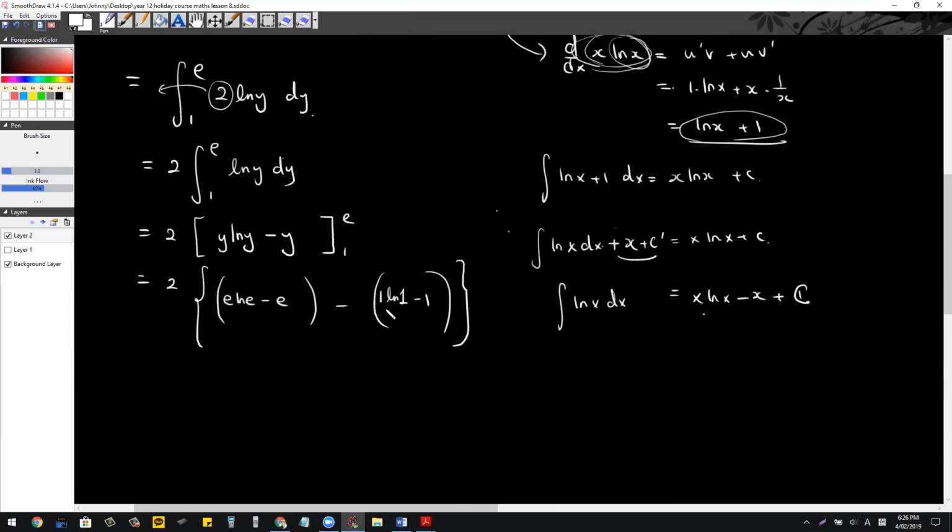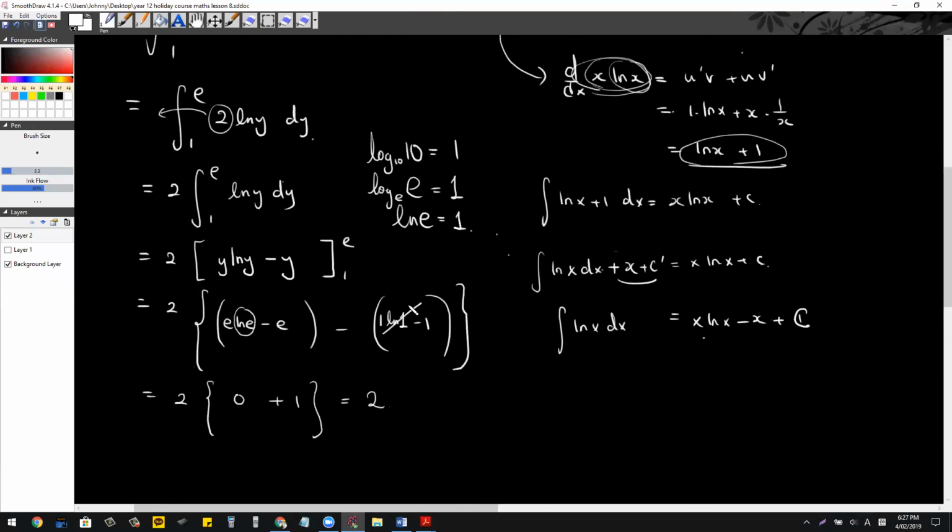But you need to know that log of 1 is always 0, and ln of e is a bit like log 10, log 10 is 1, isn't it? In a similar way, log e is 1, which is the same as ln e. That's 1. So this is equal to 2 times curly bracket, e minus e, which is 0, and this is plus 1. So the area is 2.